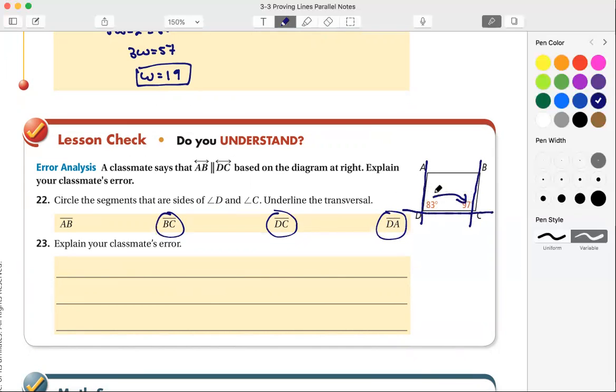In order for AB to be parallel to DC, or vice versa, what must happen? My classmate identified the wrong pair of parallel sides.